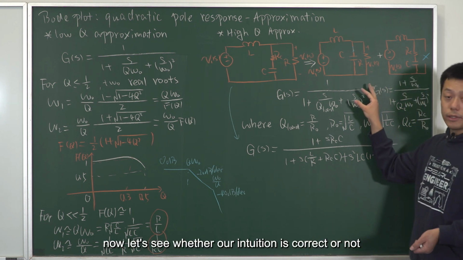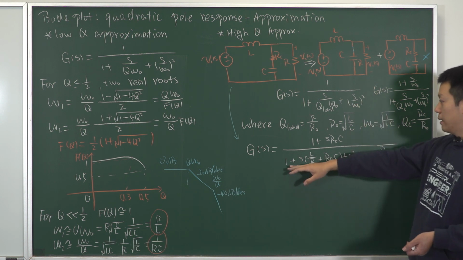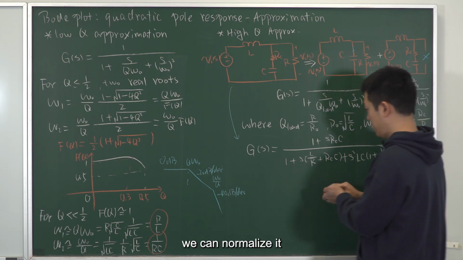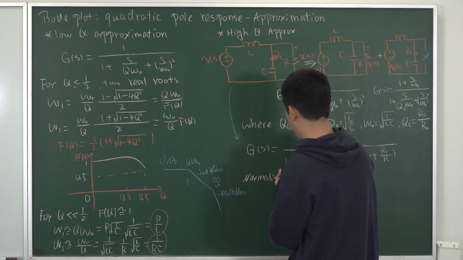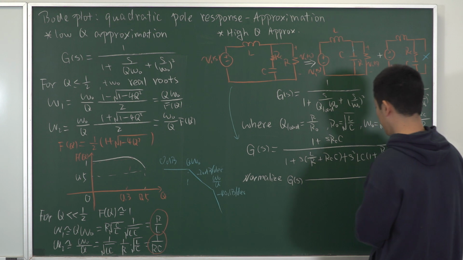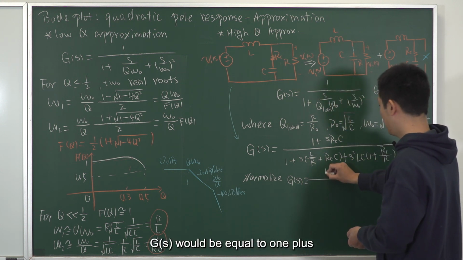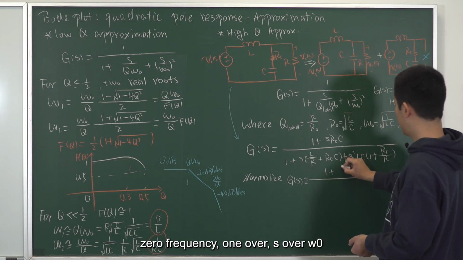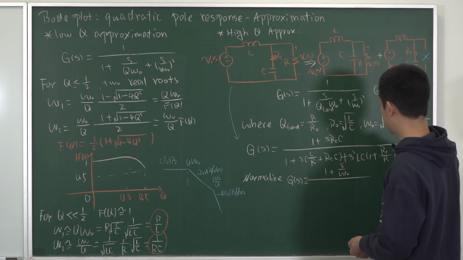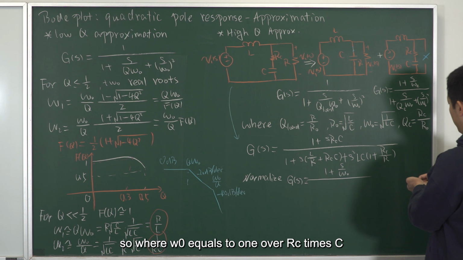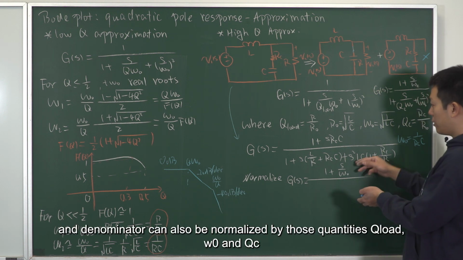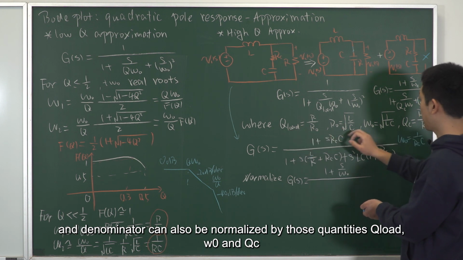Now let's see whether our intuition is correct or not. We look at this transfer function and try to express it in standard format. We can normalize it. G(s) would be equal to 1 plus s over omega 0, the zero frequency, where omega 0 equals 1 over RC times C. The denominator can also be normalized by the quantities Q load, omega 0, and QC.